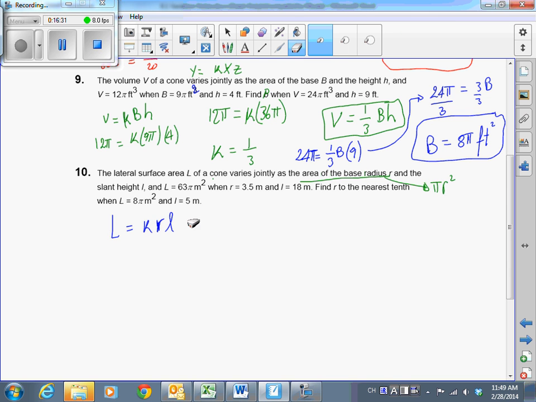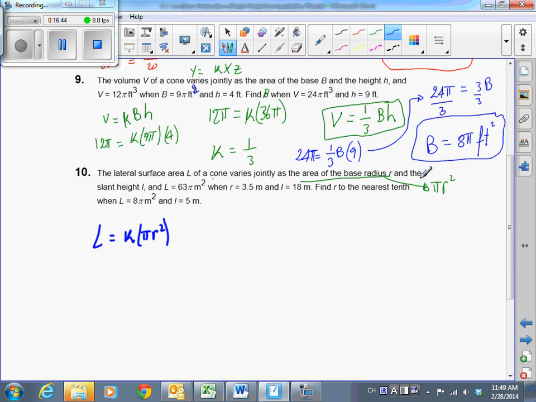So when writing this, I would start it all over. I will say L varies K times the area of the base, which is pi r squared, and the slant height l. I'll put the lowercase l. So from here, I will go ahead and plug in the values.